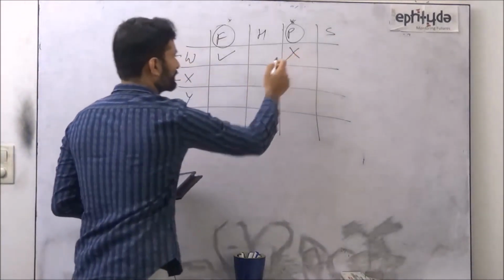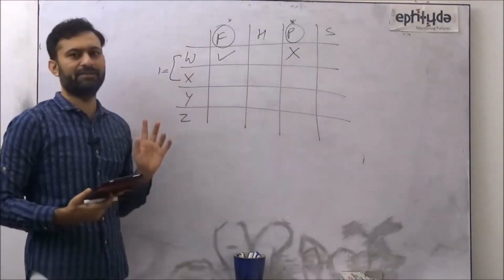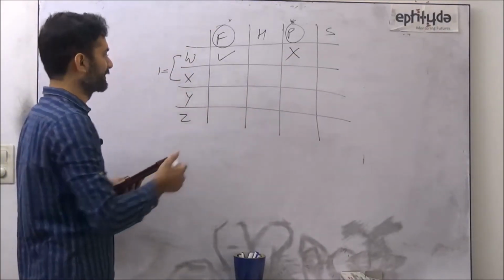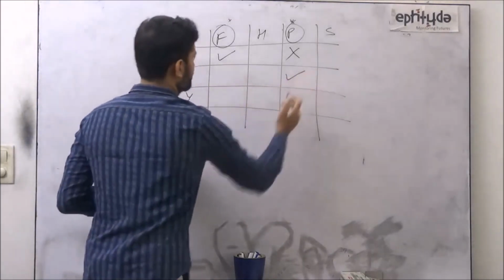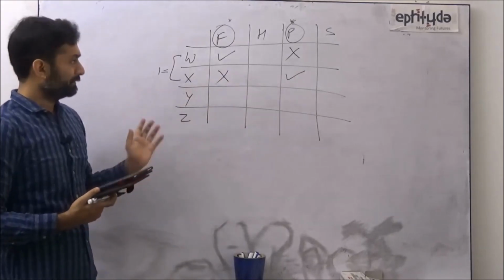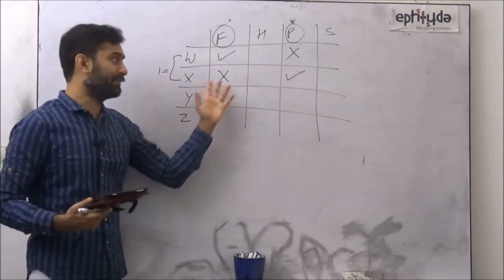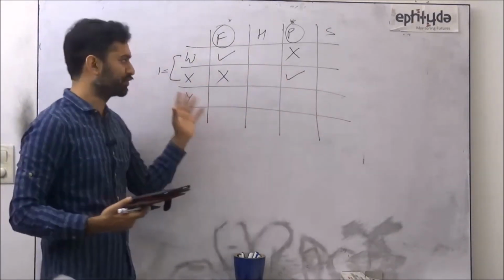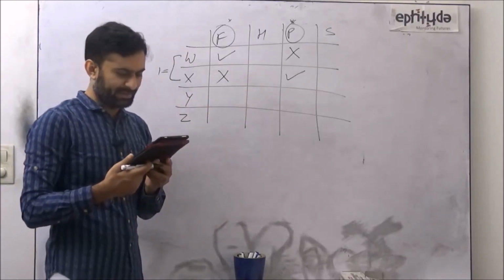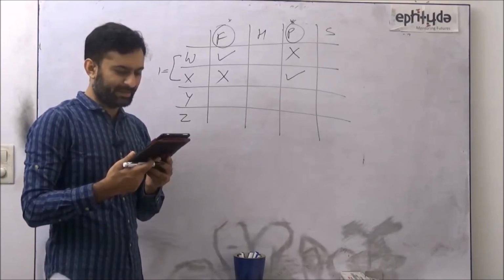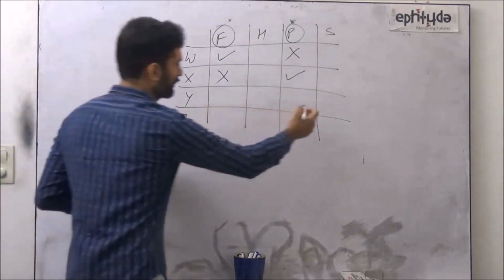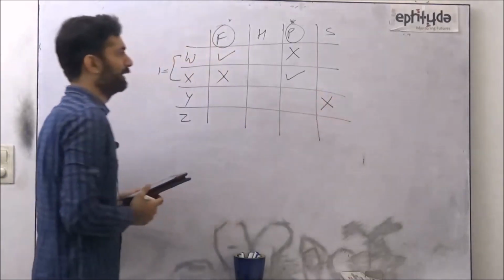That palpitations cannot be a side effect of W. Palpitations are a side effect of X. So if palpitations are for X, it cannot be fatigue. This is the advantage of the table. Now I don't have to read this information again and again. I'll solve the question using my table. Then it says, sweating is not a side effect of medicine Y.